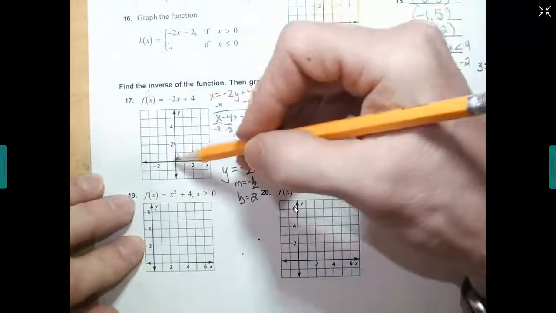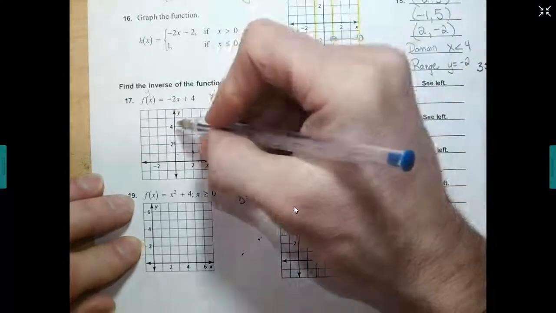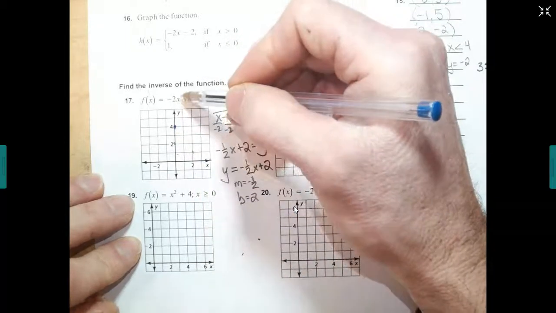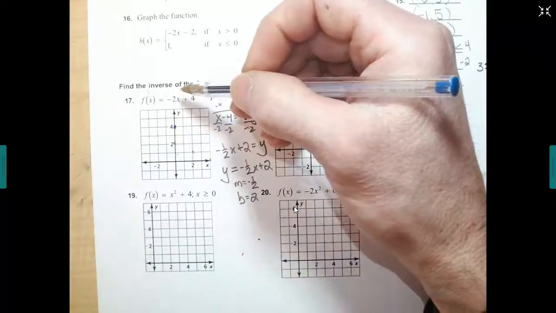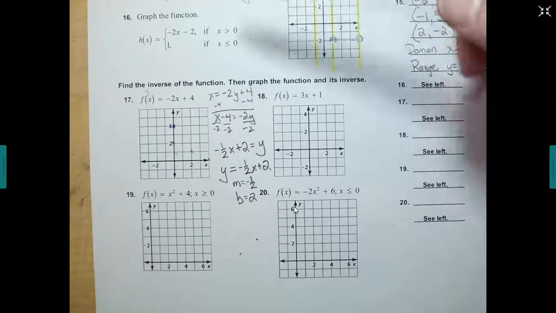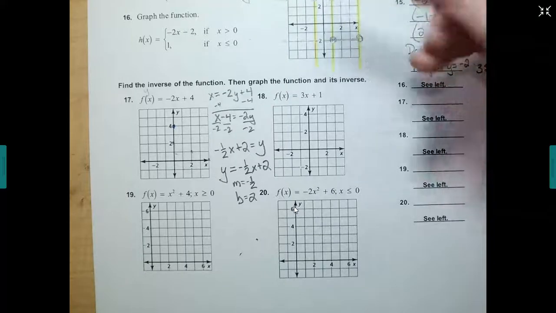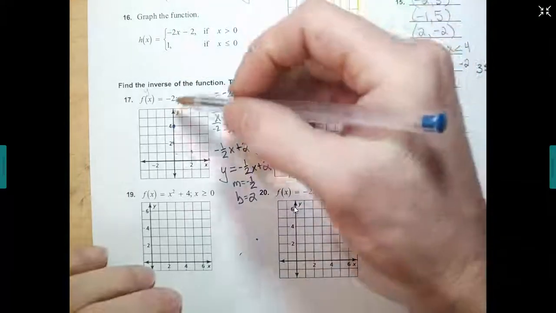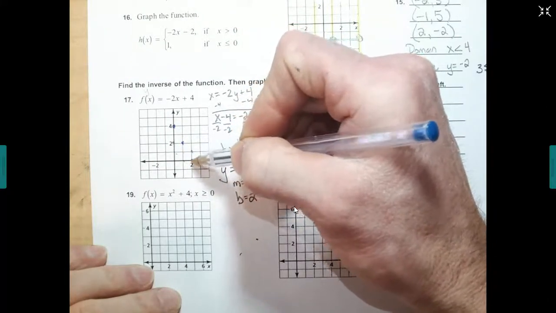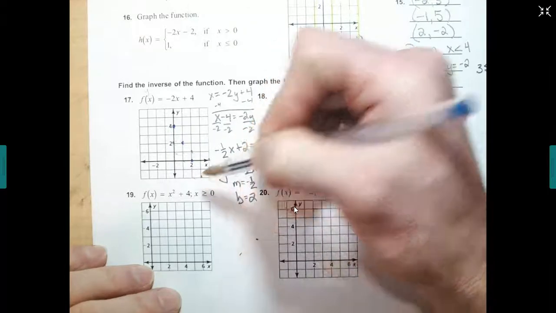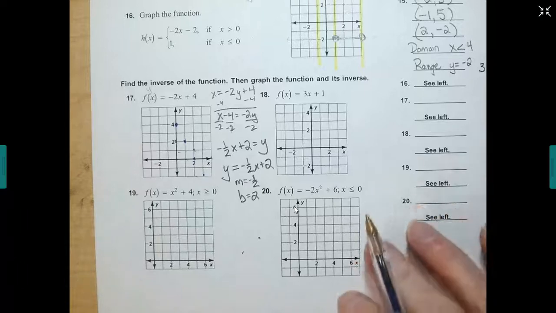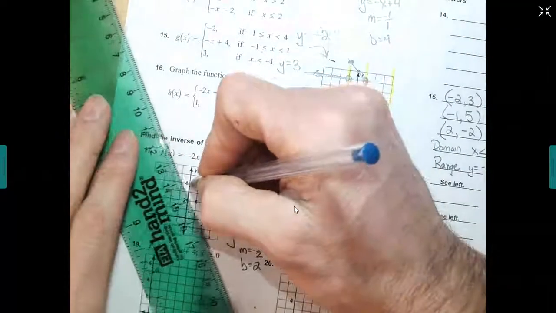For my function, I start at 4. 1, 2, 3, 4. And then I have negative 2. Did I mess up here? Nope. So I have negative 2 over 1. So down 2 over 1. Down 2 over 1. So what it looks like is this.